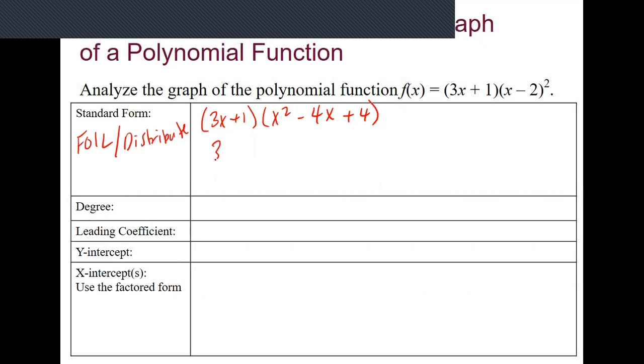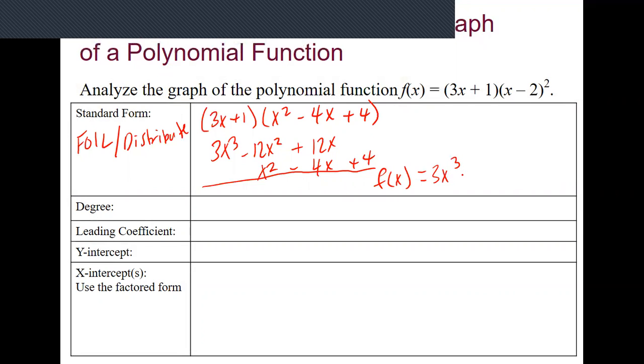So we have 3x to the third minus 12x squared plus 12x. And then we have x squared minus 4x plus 4. And I'm going to combine. So my f of x equals 3x to the third minus 11x squared plus 8x plus 4.